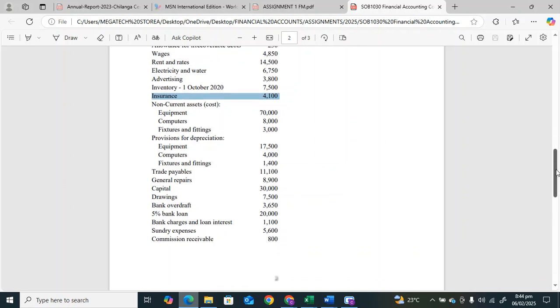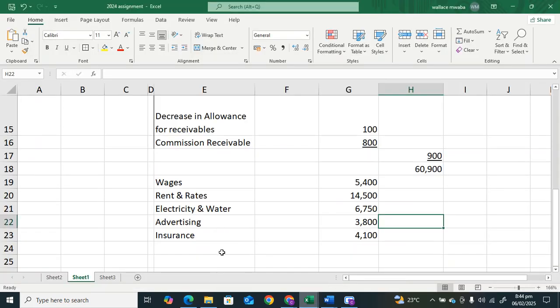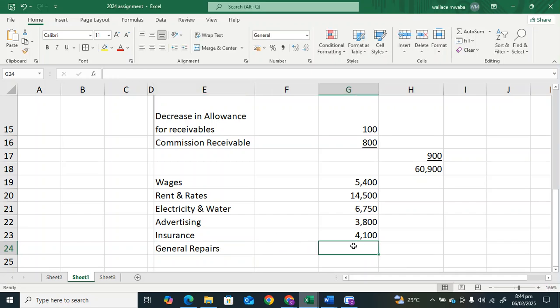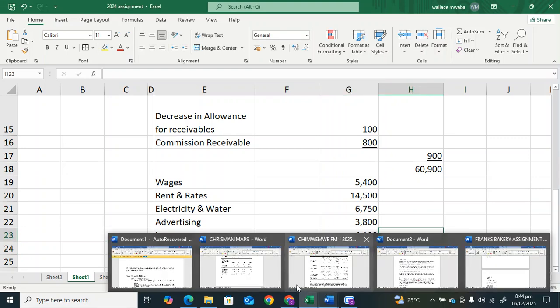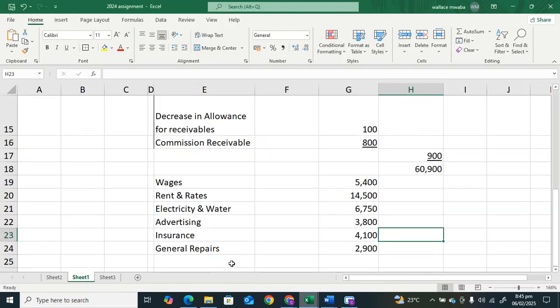General repairs, remember we did that adjustment, so we removed that 6,000. So general repairs was 2,900. Bank charges and loan interest 1,100.